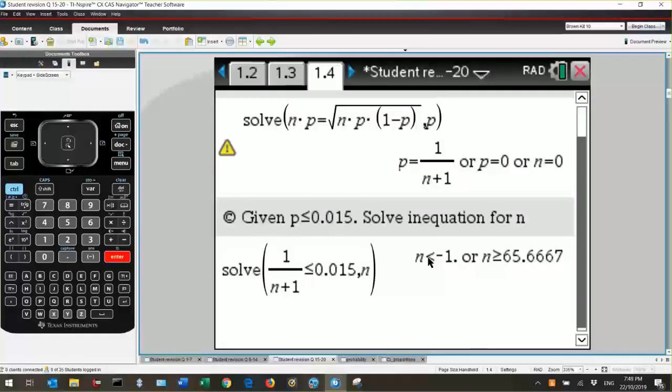Now obviously, because it's binomially distributed, it's got to be a discrete value, so it's got to be 66 as the minimum. So answer D, at least 66.